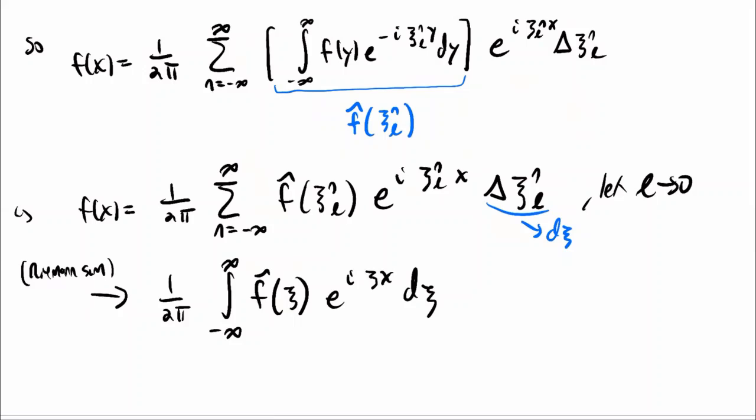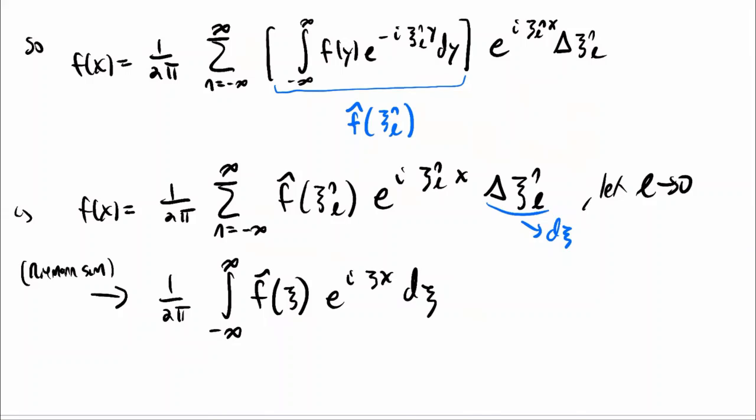It doesn't actually converge to d xi, right? d xi is just notation, but as we let L go to infinity, this infinite sum is a Riemann sum, which will converge to a Riemann integral, assuming this function f hat is sufficiently nice. Again, we're not going to worry too much about the actual technical assumptions you need for this to be rigorously true. We're just trying to indicate where this formula comes from.